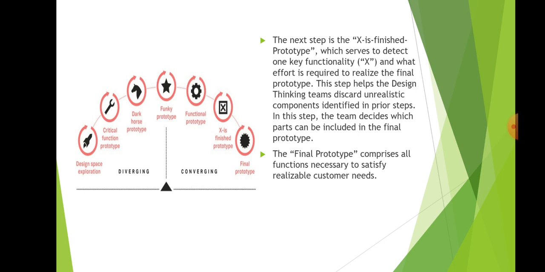This step helps the design thinking team discard unrealistic components identified in prior steps. In this step, the team decides which parts can be included in the final prototype. The final prototype comprises all functions necessary to satisfy realizable customer needs.